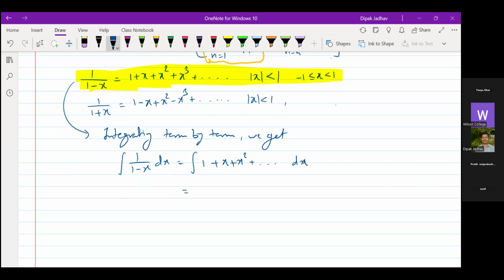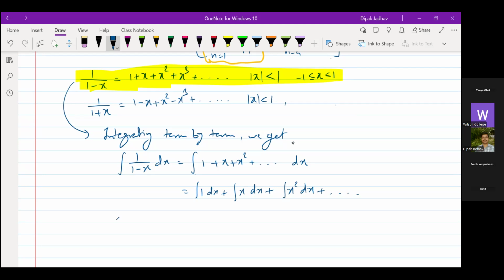So when I say integrating term by term, integral of infinite sum, we already know that integral of finite sum is finite sum of integrals. That's algebra of integration. But what happens if you have infinite sum? So in case of power series, you can integrate infinite sum term by term. The result says this integration is integral of 1 dx plus integral of x dx plus integral of x square dx and so on.